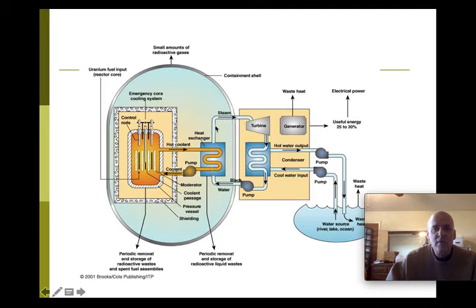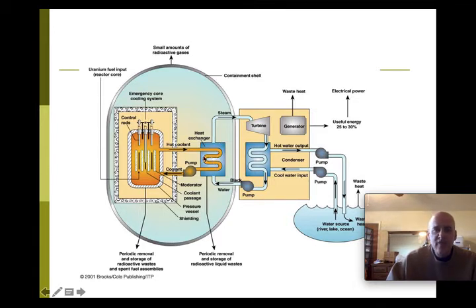So the water that is being heated and converted to steam is never released from the plant. You will see a lot of steam coming up from nuclear power plants, but this is from the coolant water. This water flows through and is converted to steam and is released, but it never actually comes in contact with anything that was in the reactor. So under normal circumstances, there's no radiation released at all.